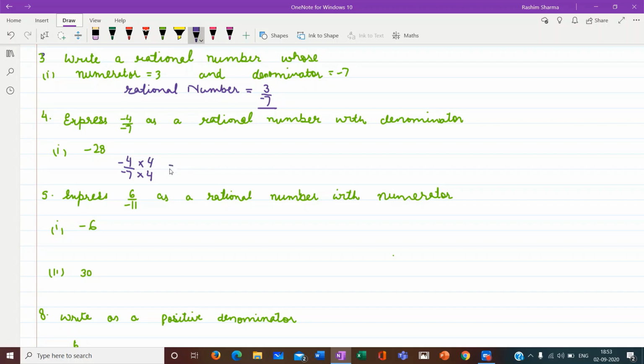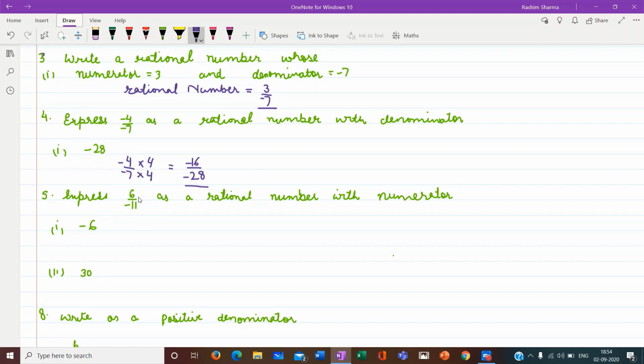Alright, so we will get here minus 4 into 4 as minus 16, minus 7 into 4 as minus 28. So this is the rational number minus 16 on minus 28 with denominator minus 28. How we have chosen minus 28: we selected the number by multiplying which with minus 7 we get minus 28. The same number we multiplied with the numerator also. Alright, I hope you have understood this.